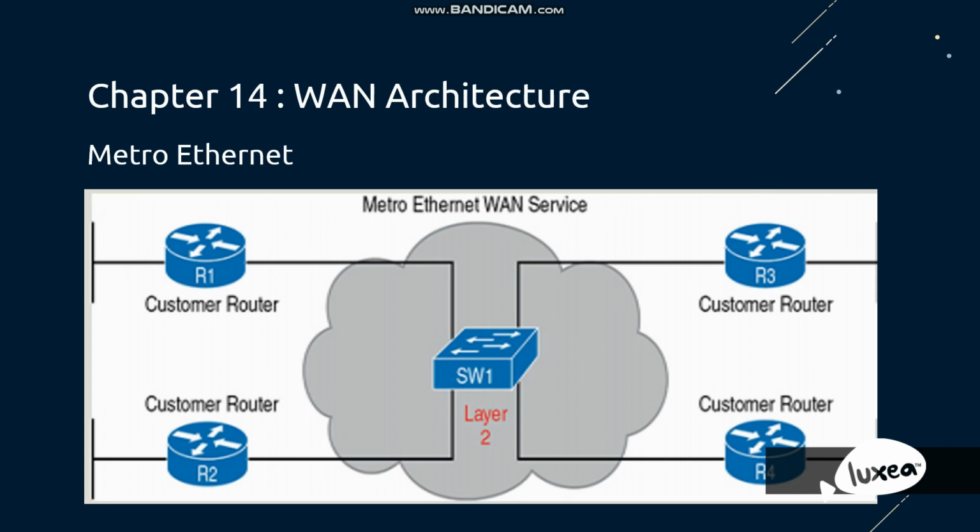In this picture, it shows 4 sites in the same company, and each router is connected to the WAN service. The main concept of Metro Ethernet is such a big LAN switch, so many options and many users will connect to the Metro Ethernet with layer 3 switches or routers.